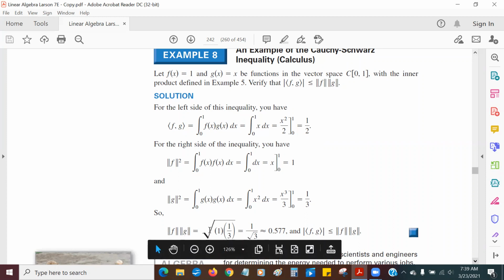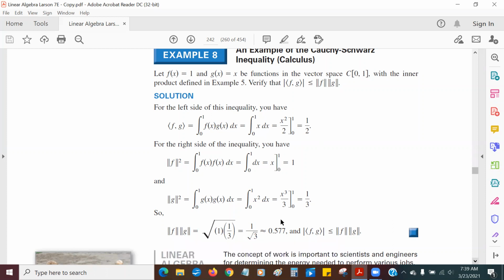So the length of f times the length of g is the square root of 1 times 1/3, which is 1 over the square root of 3, which is approximately 0.577, and 0.577 is greater than 1/2, because 1/2, as you know, is 0.500. So we see in an example that the Cauchy-Schwarz inequality actually held up.